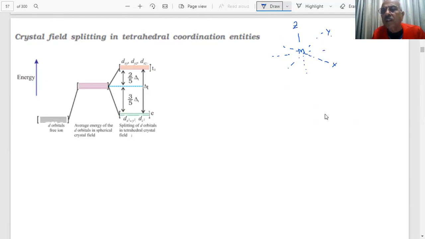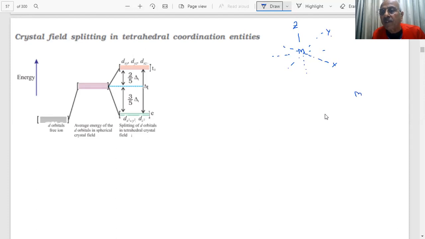In the case of octahedral, ligands were coming from x, y, z. But in the case of tetrahedral, the ligands are not coming from the x, y, and z directions. What is the shape of the tetrahedral? It is not like this.